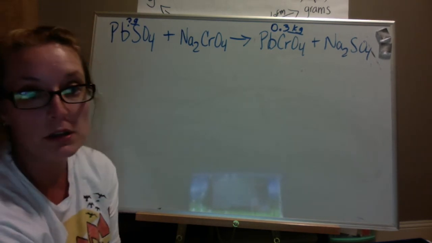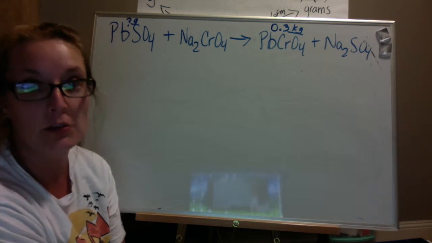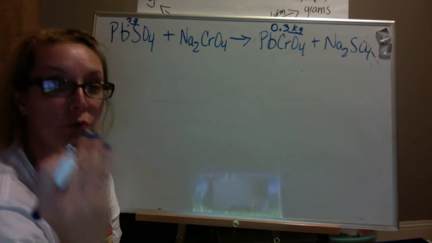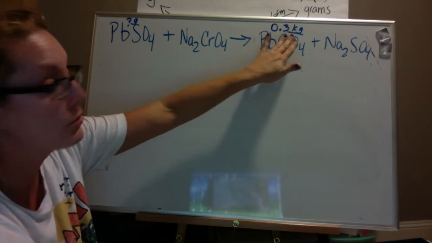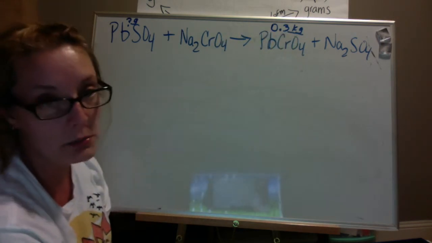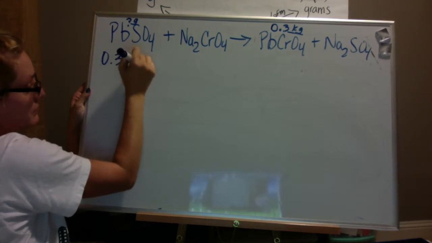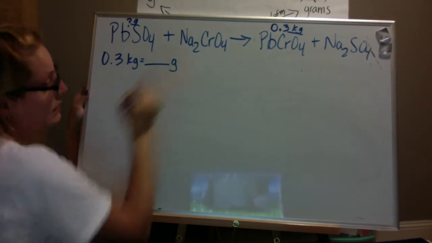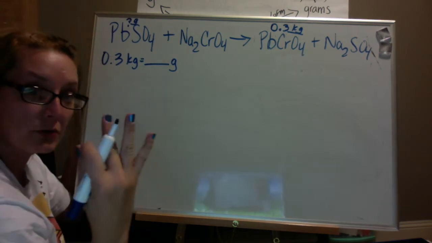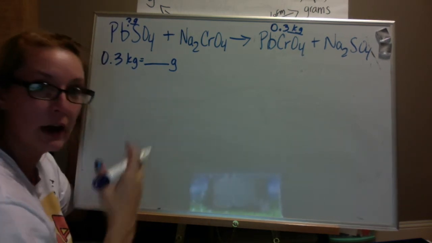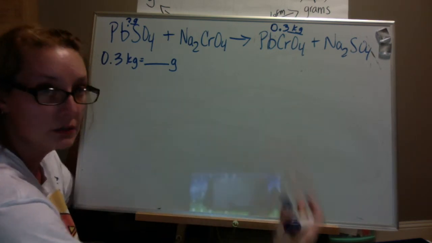So first and foremost, I've taught you that these problems are mass, and they're typically grams to grams. So the first thing that you have to do is take your given amount, 0.3 kilograms, and change it into grams. And you do that this way. All of the conversions on your end of course test will be 3-step conversions: grams to kilograms, grams to milligrams, milliliters to liters, liters to milliliters.